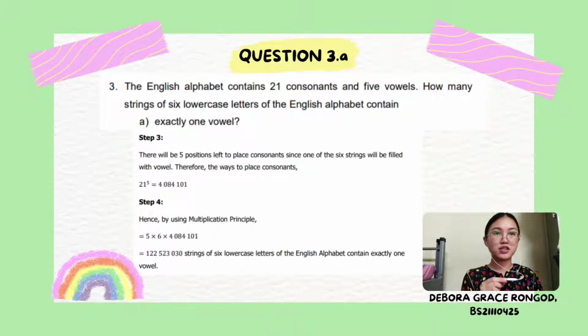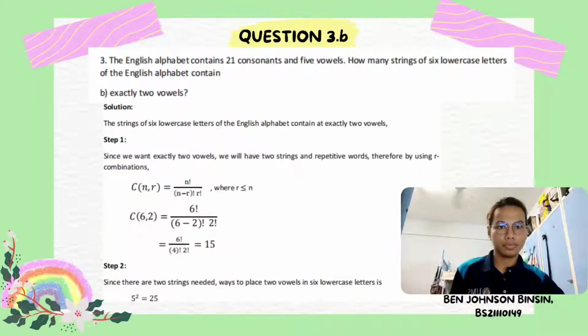Hence, by using the multiplication principle, 5 multiplied by 6 multiplied by 4,084,101, the answer will be 122,523,030 strings of 6 lowercase letters of the English alphabet that contain exactly 1 vowel.